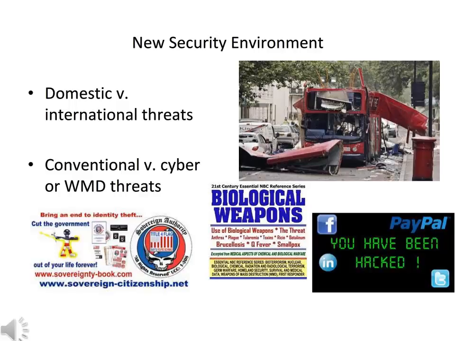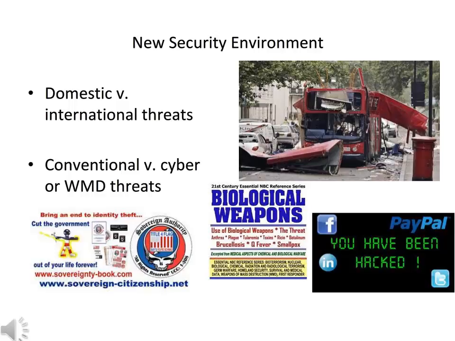Examining the new security environment, we want to look at a combination of domestic versus international threats and then conventional versus cyber or weapons of mass destruction threats. In some respects, you might be able to matrix this out in a 2 by 2 table if you are actually going to develop a threat management prospect.